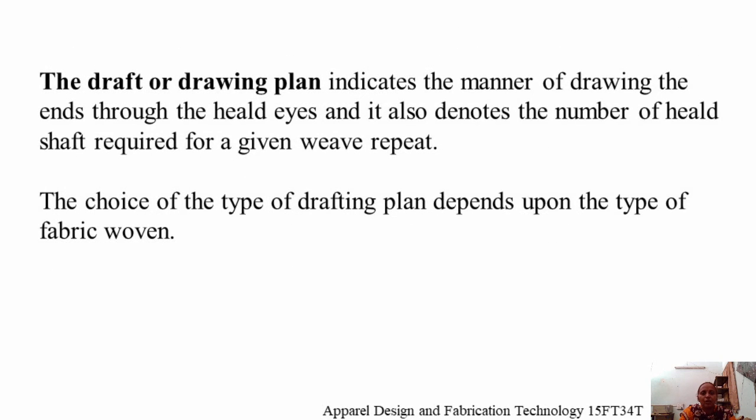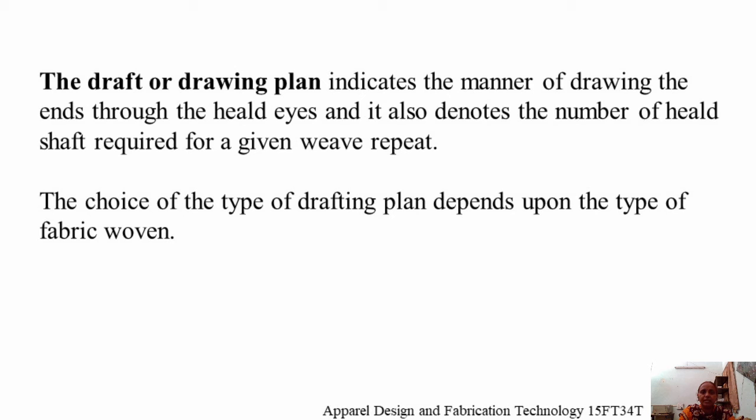The draft or drawing plan. This draft plan indicates the manner of drawing the ends through the heddle eyes, and it also denotes the number of heddle shafts required for the given weave repeat.